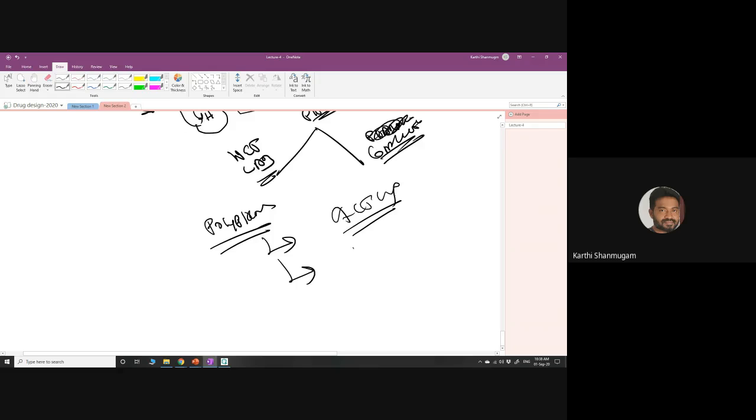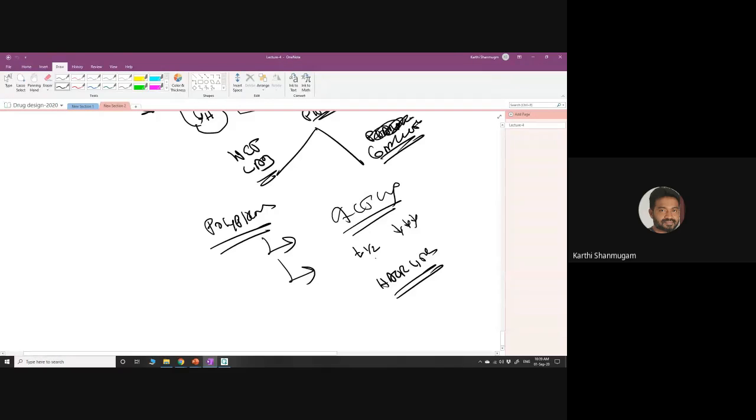If you check the t half of those molecules, it is very poor, very short. In that case you can go for lead optimization and improve the half-life. That is possible. There are many success stories, many papers you can find. Even if you do a Google search, you can see the techniques used by medicinal chemists for improving the half-life of a drug molecule.